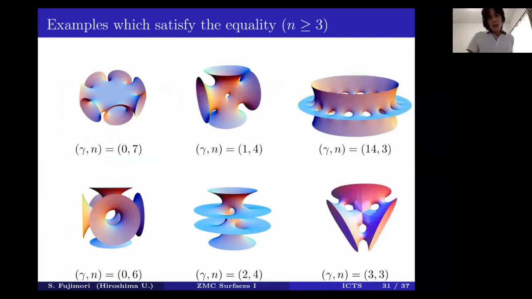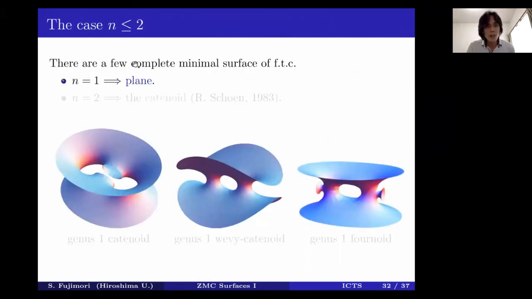Let me show examples which satisfy the equality. When n is greater than or equal to 3, there are many examples which satisfy the equality of Osserman's inequality. So these are some examples. But in the case n equals 1 or 2, the situation changes.